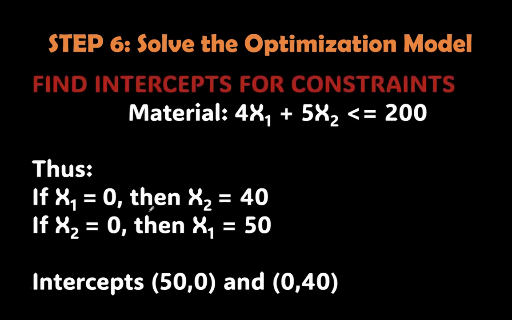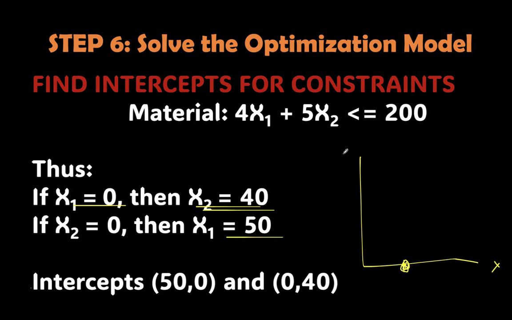Now, it will be the same thing if you apply that in a graph. If your x sub 1 is 0, then your y is 40. So suppose that we have here the 40, so you will plot that here. Then suppose that your x sub 1 is 50, and x sub 2 is 0.